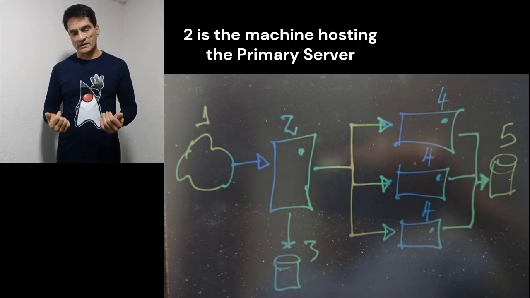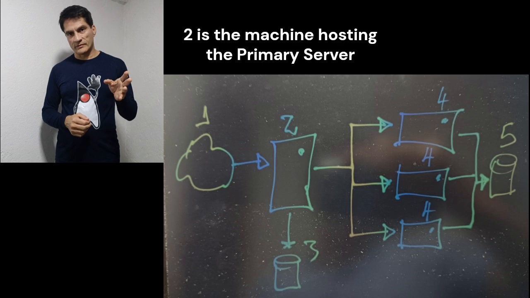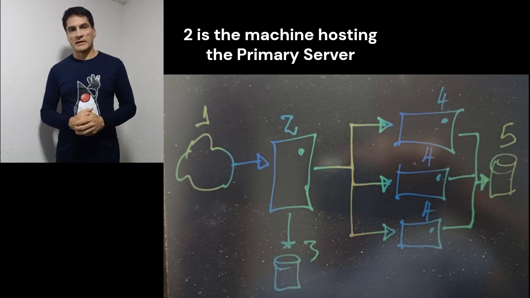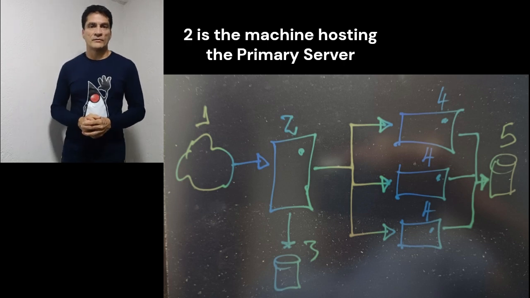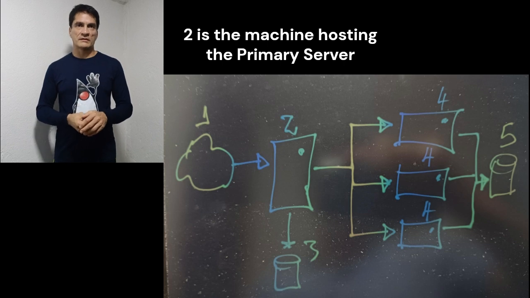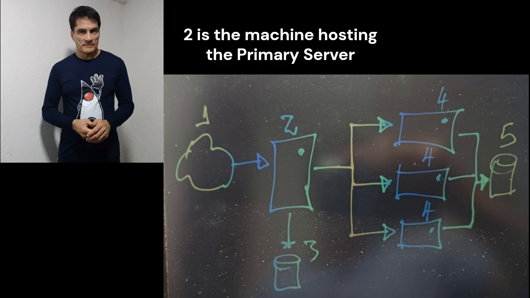So the basic setup is a primary server which runs a Tomcat server which by itself hosts the ClusterJ Cluster Management API.